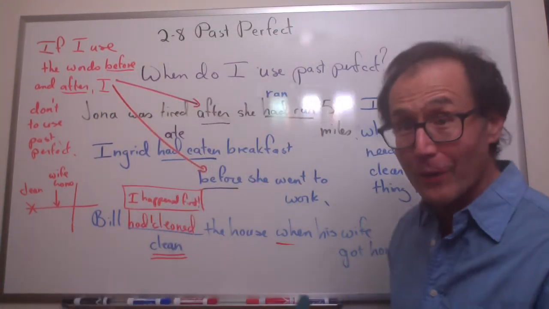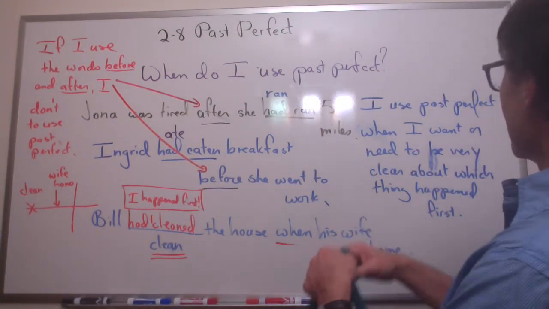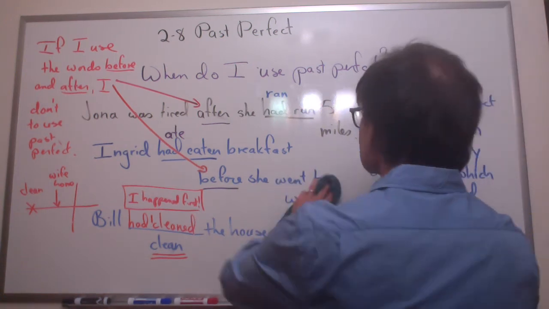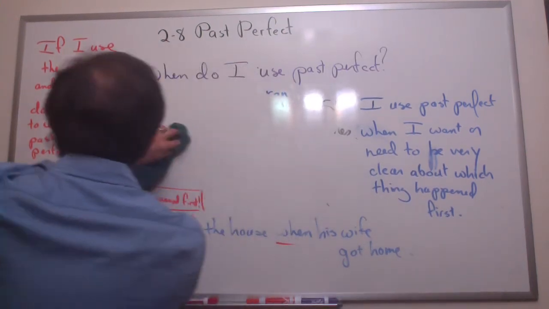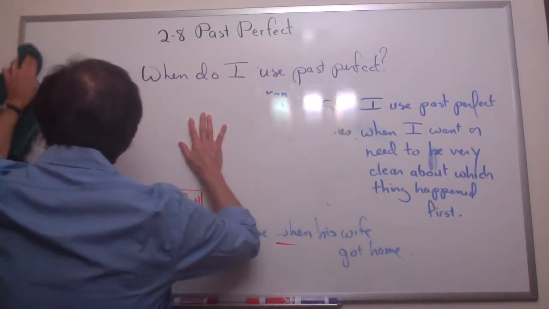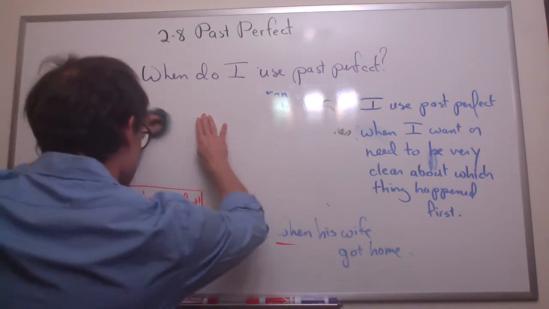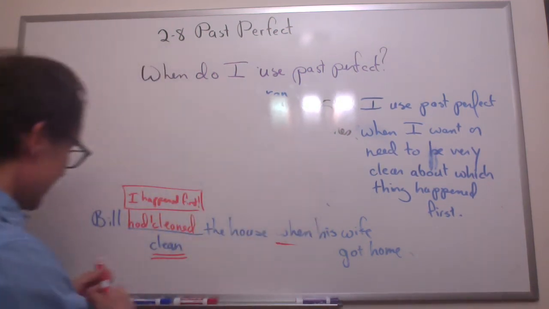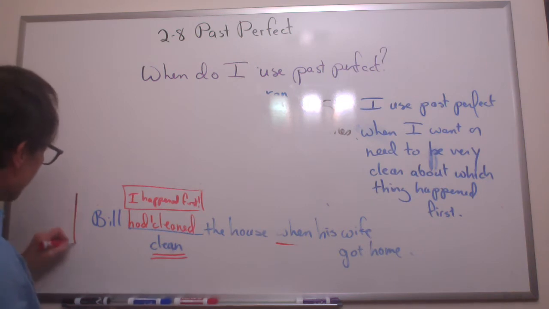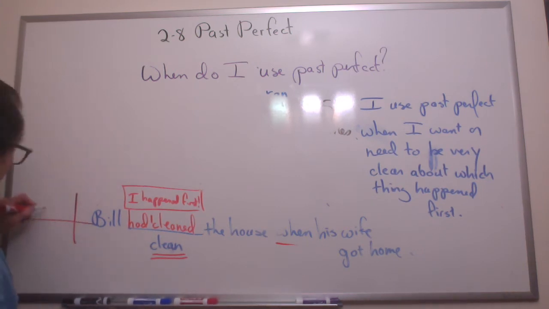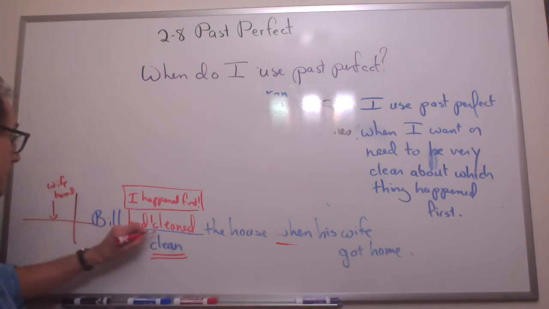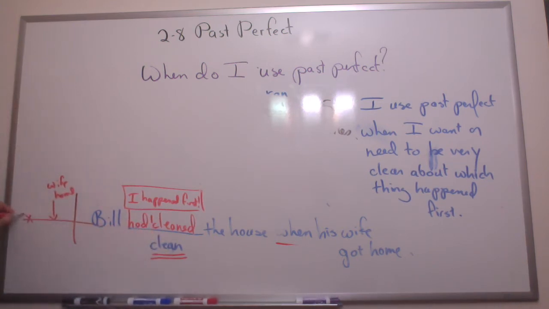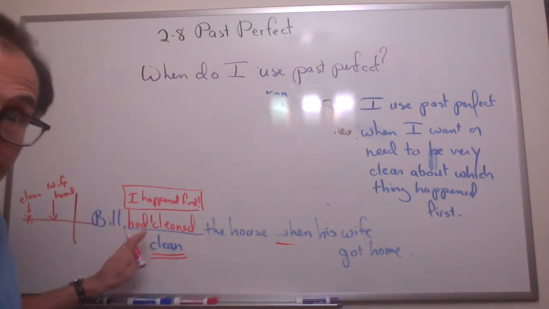I wish I had a bigger whiteboard, but I don't. So you can remember when I use before and after, I don't need to use past perfect. Oh, let me draw my picture back here. Here is wife got home, and Bill here in this sentence, clean happened first. I know clean happened first because it's past perfect.